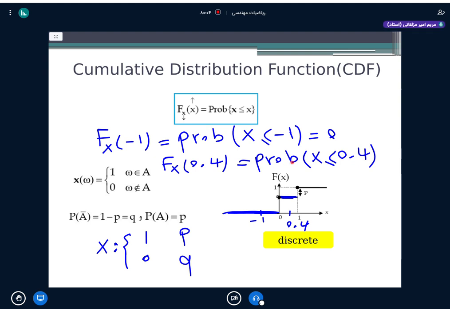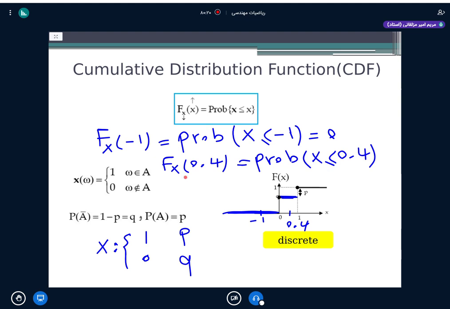What's the probability that our random variable is less than or equal to this value? Our random variable takes the value 0 and 1.